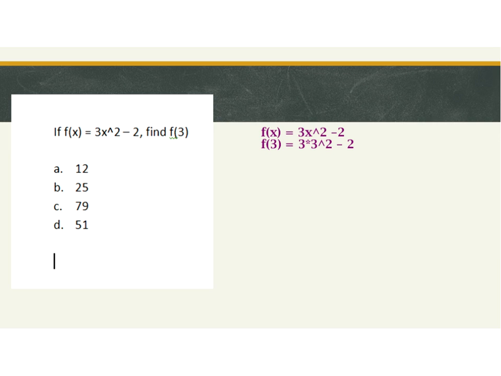So F of 3 equals 3 times 9. You always do the exponents first. And F of 3 equals 27 minus 2. So F of 3 equals 25. Please copy so you have this in your notes.